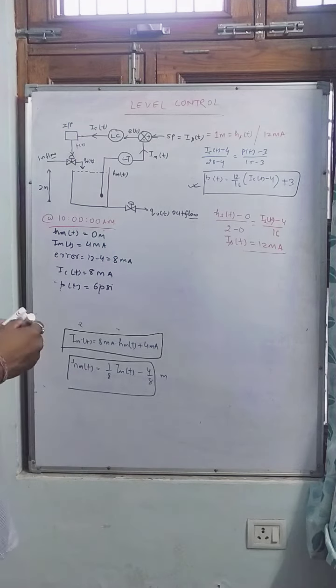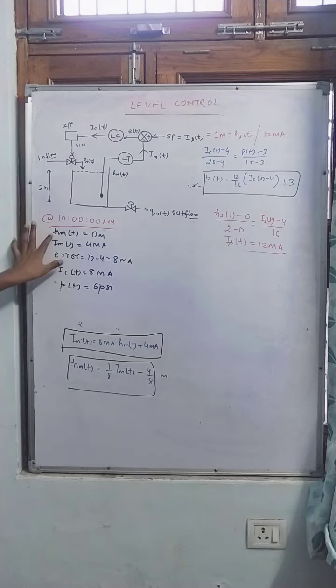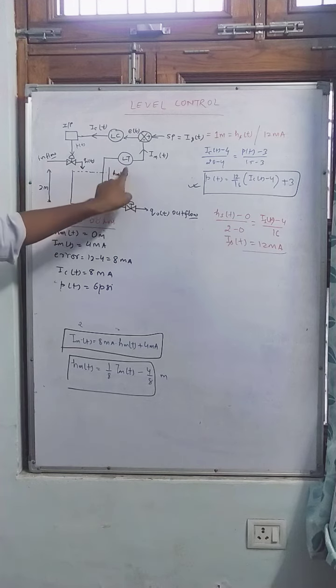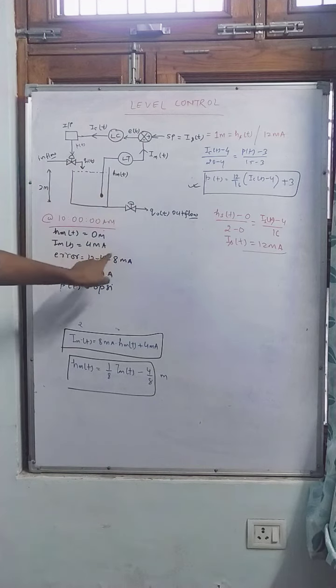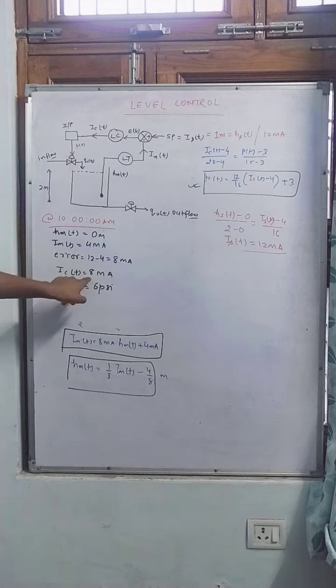Fine. So as soon as the process has been started, we got these values. Initially the tank was empty, so the current we measured with the help of the level transmitter is 4 milliampere. Error generated, the controller generated some output, that is 8 milliampere. Then the corresponding pressure has been generated.